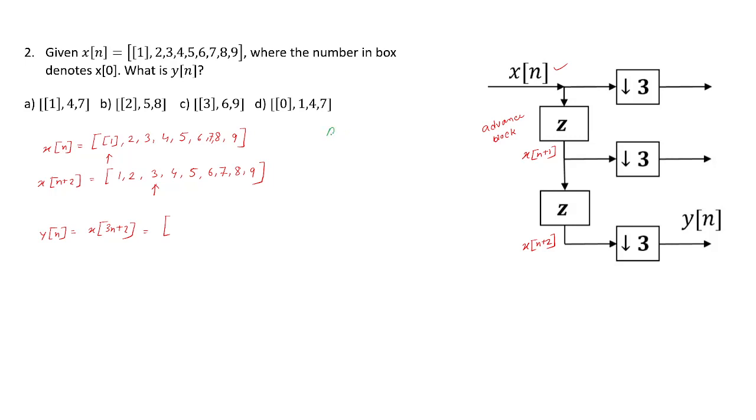basically downsample by a factor of L leads to keeping only one out of L samples and discarding the rest.